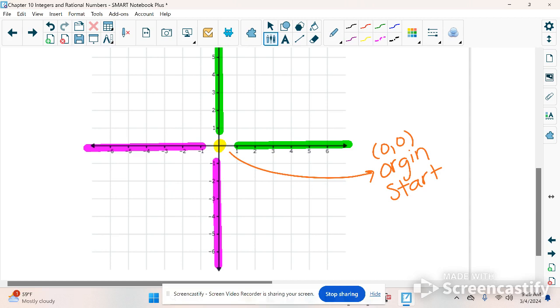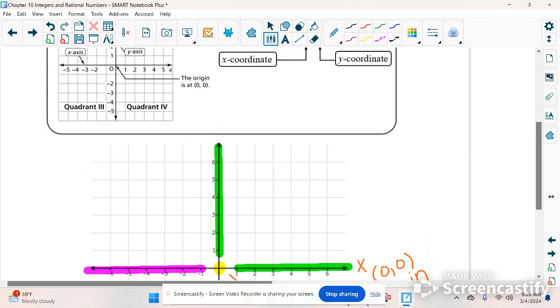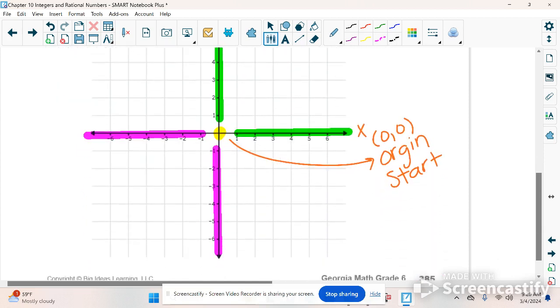Okay, the ones that run left to right and up and down. The one that runs left and right is the x-axis, and the one that runs up and down is the y-axis. Okay, so x-axis and y-axis. So we're good there. You should remember that from last year.